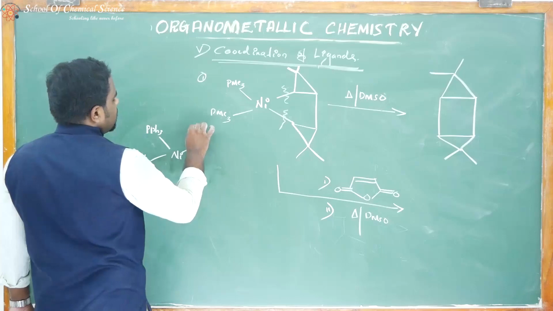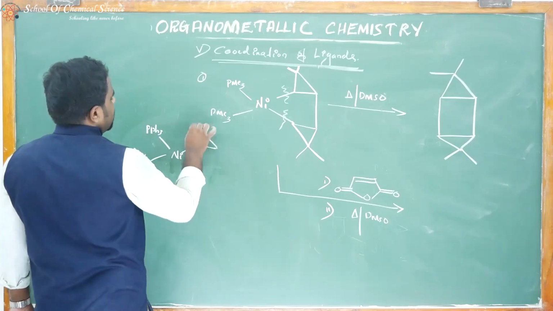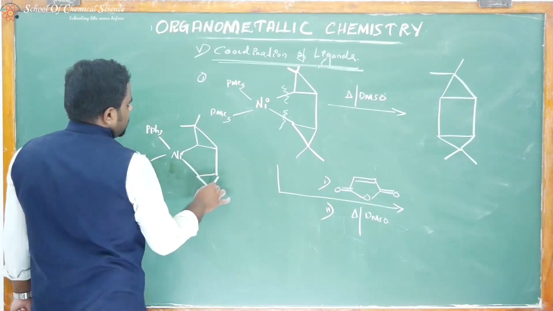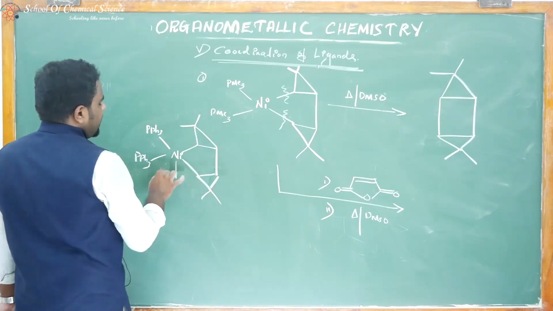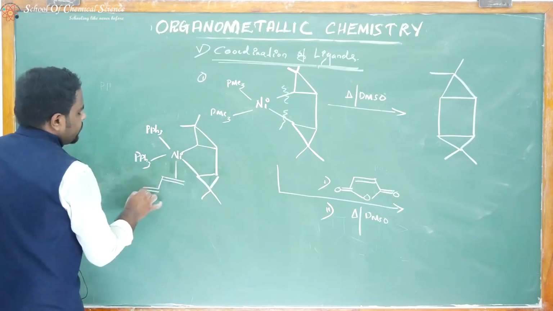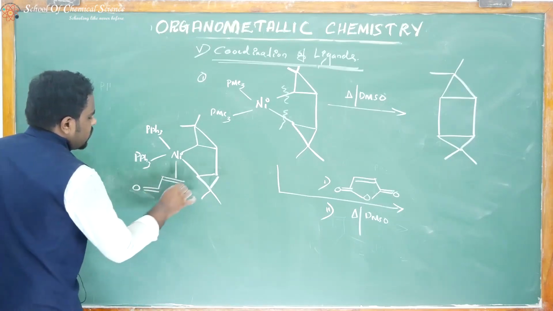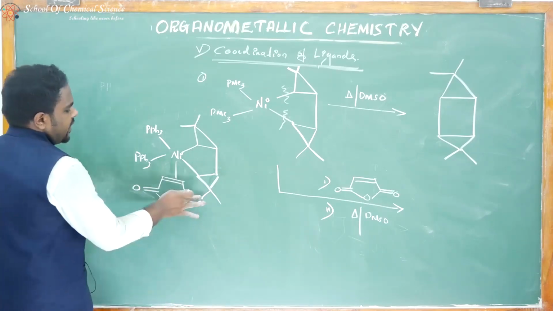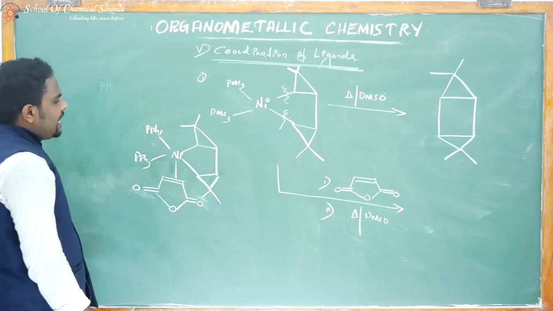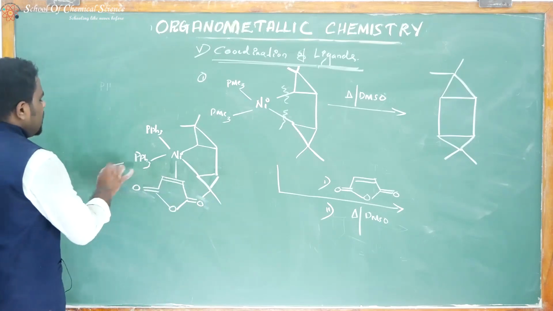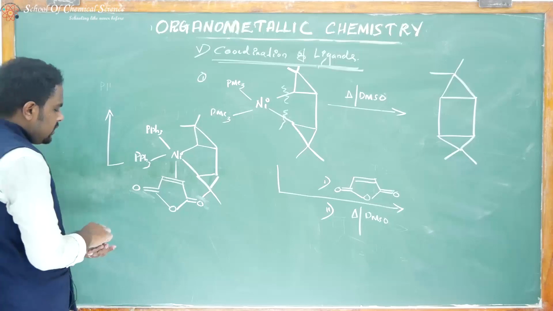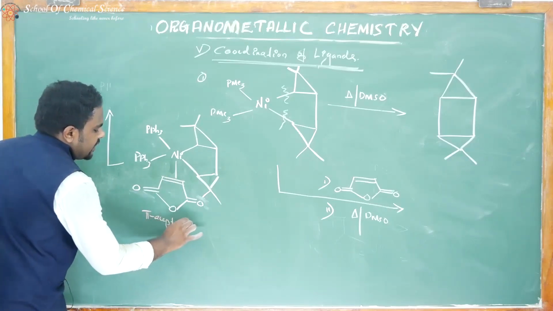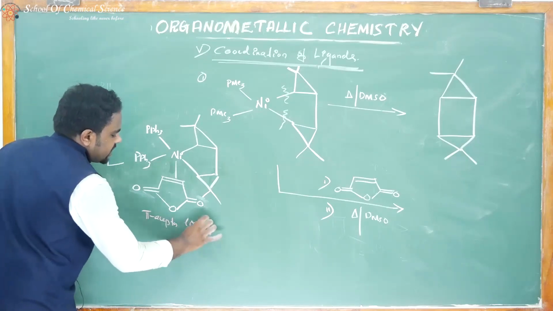Then your alkene double bond, double bond O. First step, that alkene will be coordinated to this, and you know, this alkene is a pi acceptor ligand.